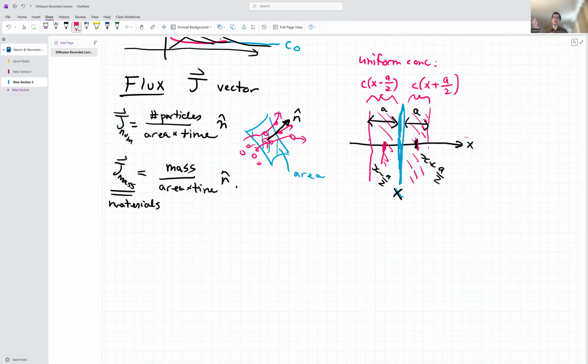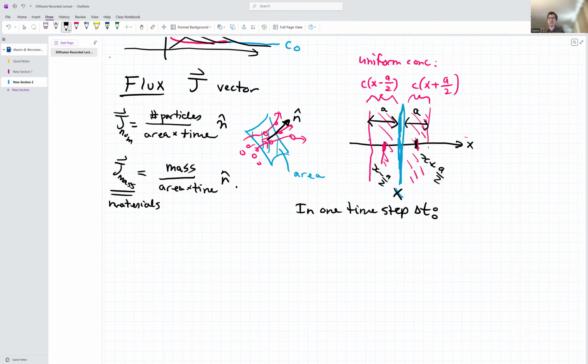So, okay, what happens in one time step, delta t? Things are going to perform a random walk, right? Inside those uniform concentration regions, there are just particles, like vacancies or atoms or whatever, and they're all just going to be hopping.